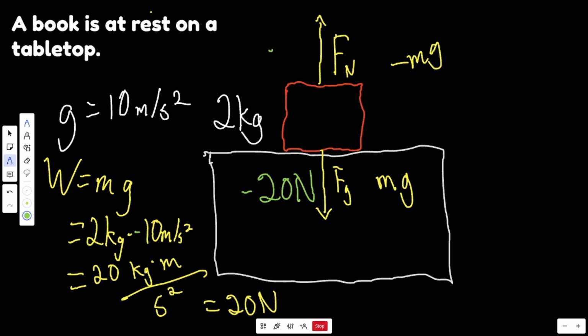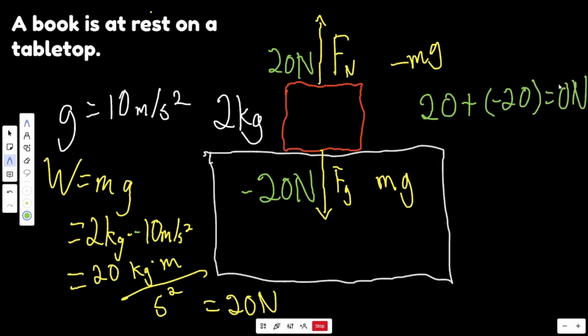We're just going to make it positive here on the top, 20 newtons. And now when you add these two forces together, these will cancel out. 20 plus negative 20 is equal to 0 newtons. And since the summation of these forces is 0, we know that the object is at rest, just like it says in the question. So let's try another one.